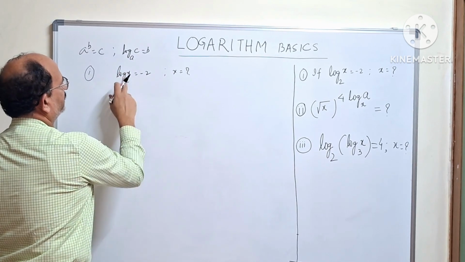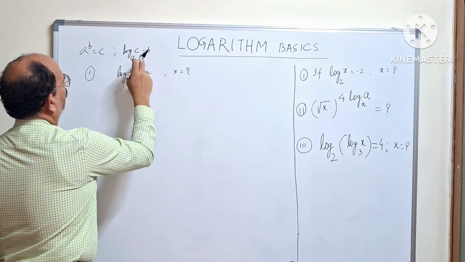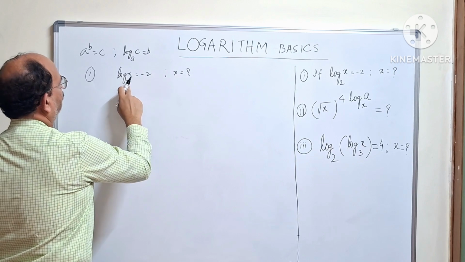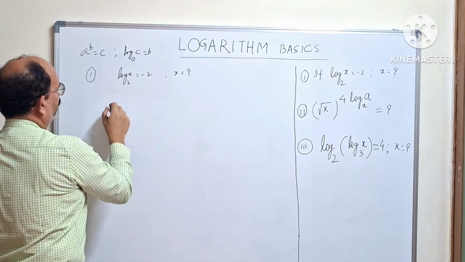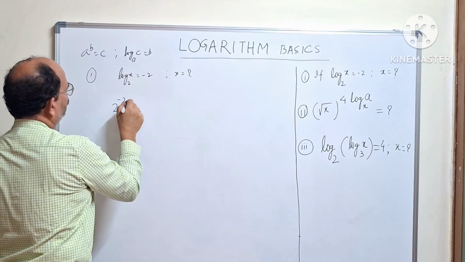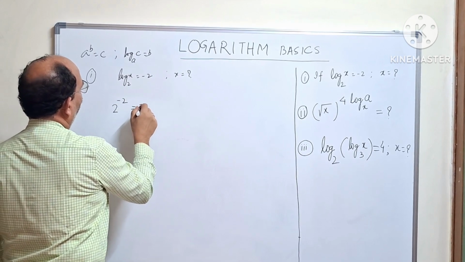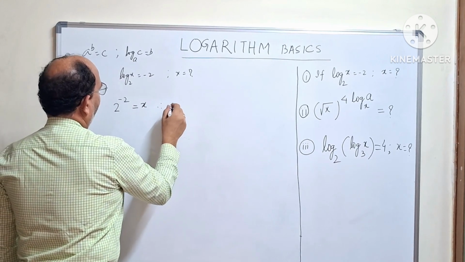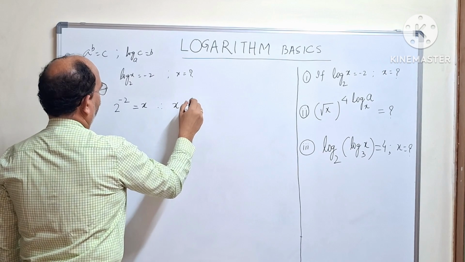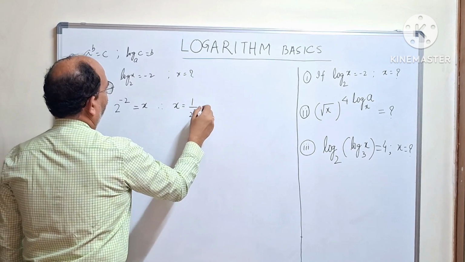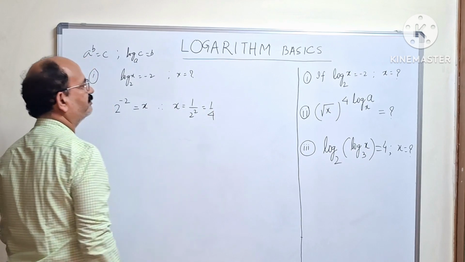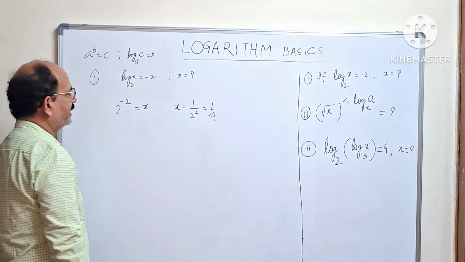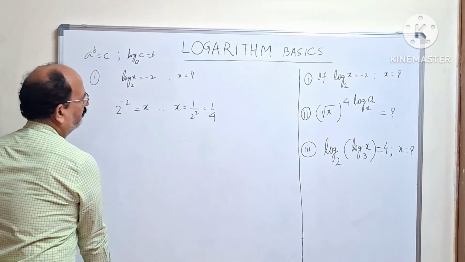So here c is representing x, b is being represented by minus 2, and base is 2. So we can write 2 to the power minus 2 must be equal to x. Therefore, x is equal to 1 by 2 square, which is equal to 1 by 4. Very simple, right?